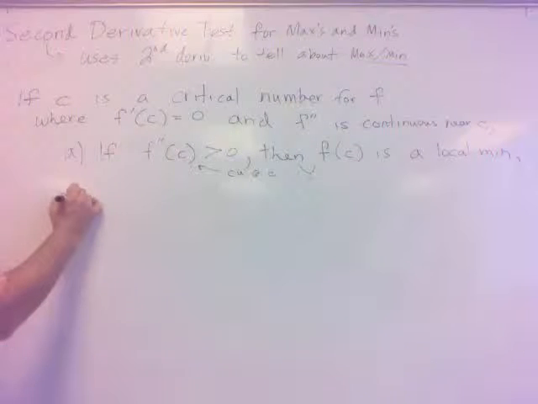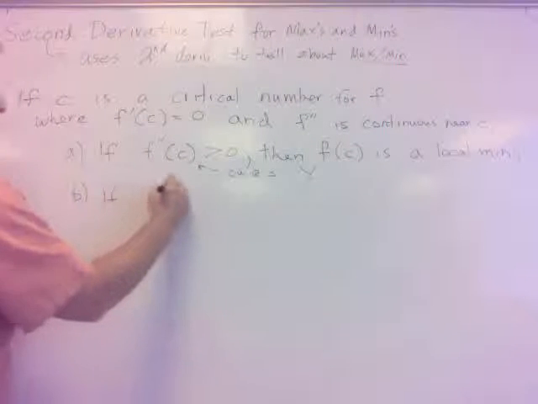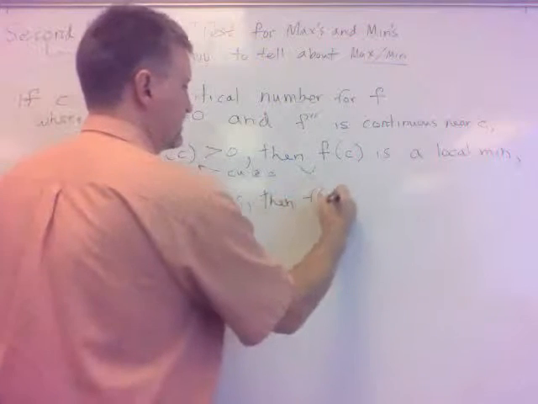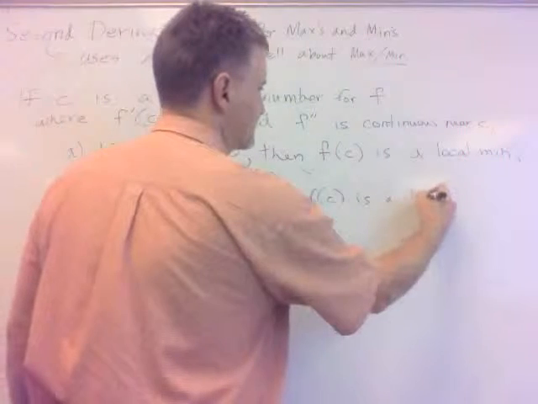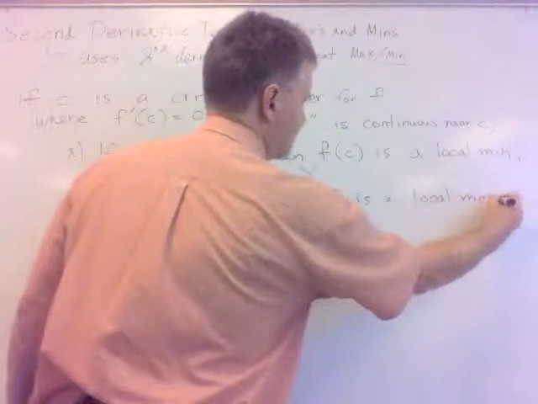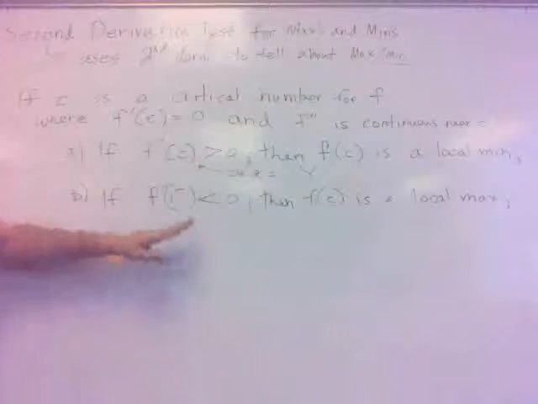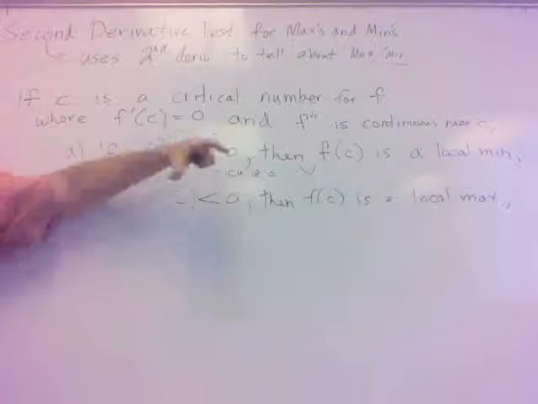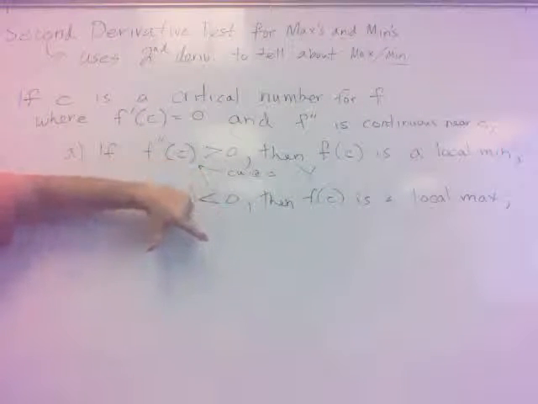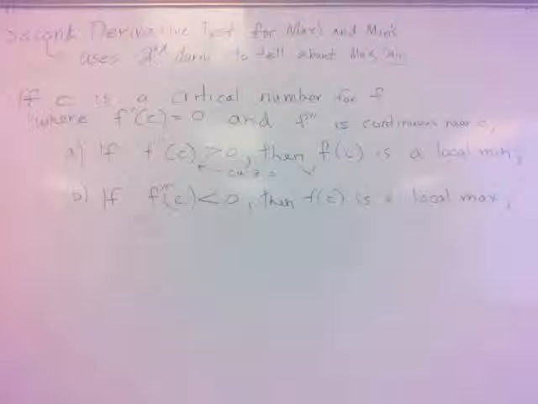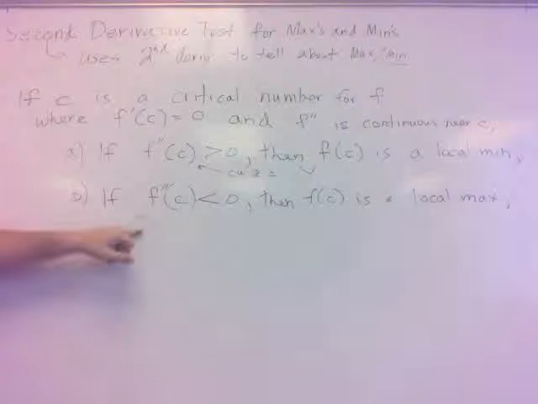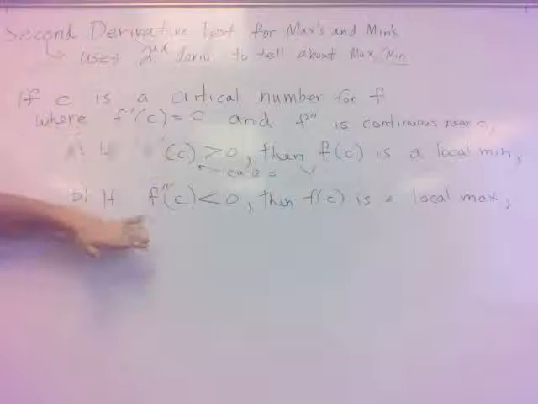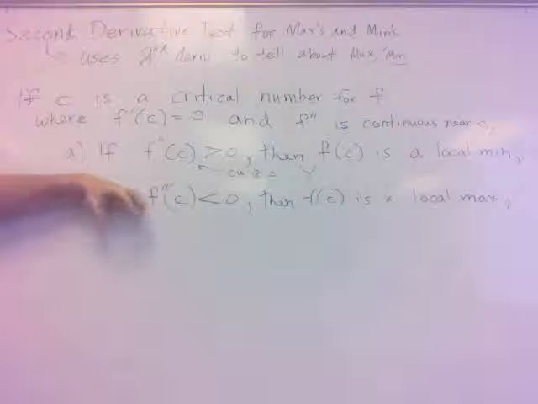Similarly, if f double prime of C is less than 0, then f of C is a local max. Because if the second derivative is less than 0, that's concave down, right? Concave down is shaped like that, and so C being the horizontal tangent point, you've got to have a local max.